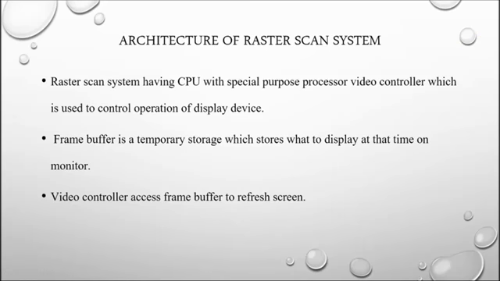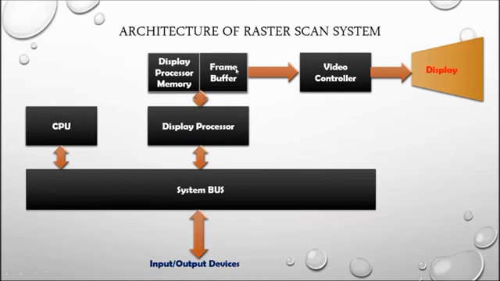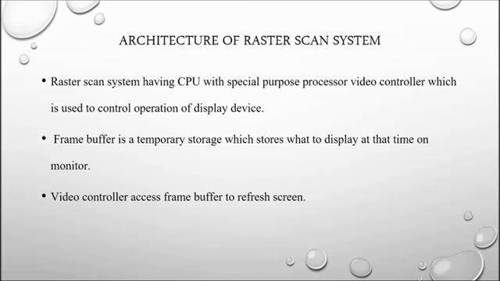Now next is the frame buffer. The frame buffer is nothing but a temporary storage which stores what to display on the display device, so that the video controller can access the data from the frame buffer and it will be painted on the display device and refreshed. So the frame buffer is a temporary storage which stores what to display at that time on the monitor.